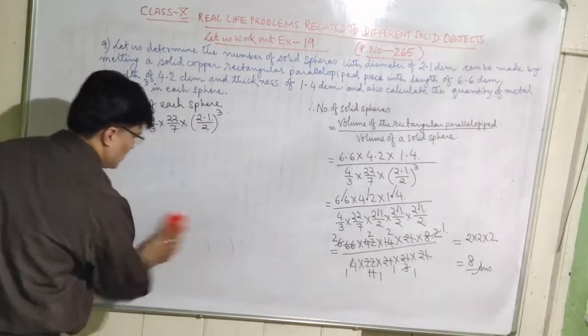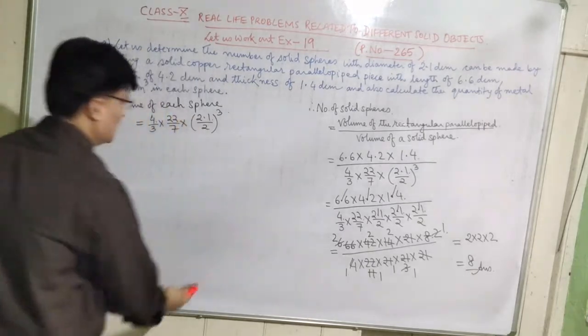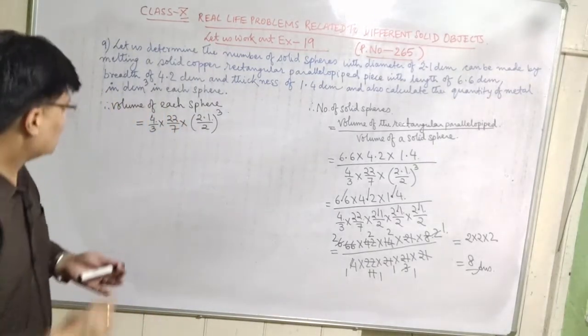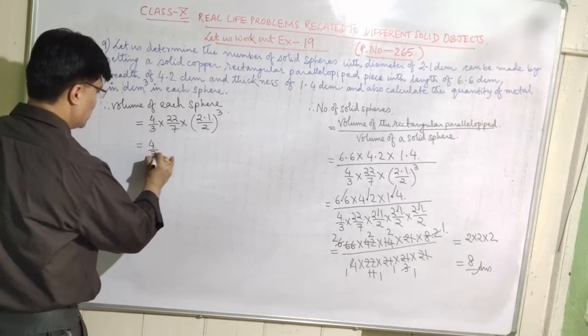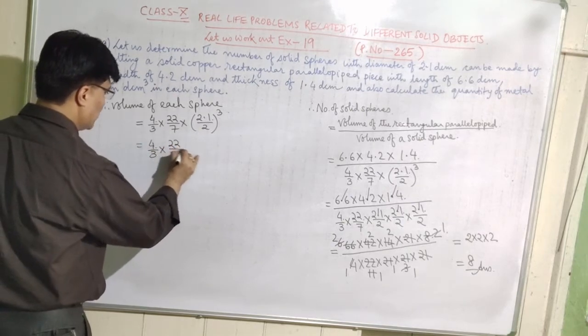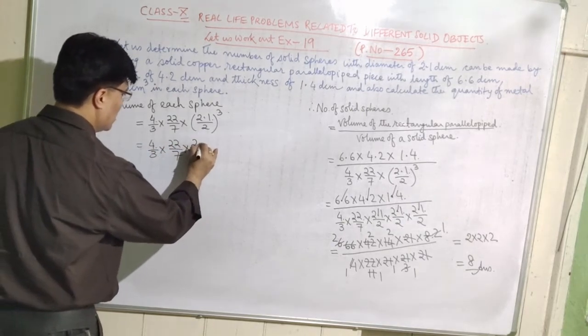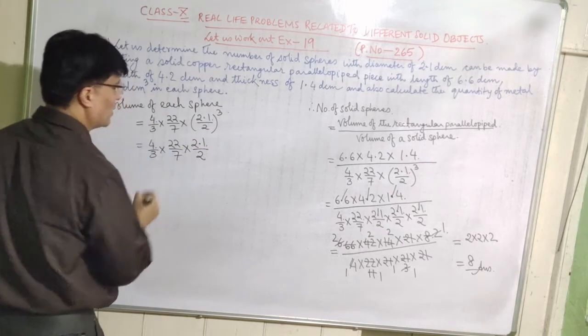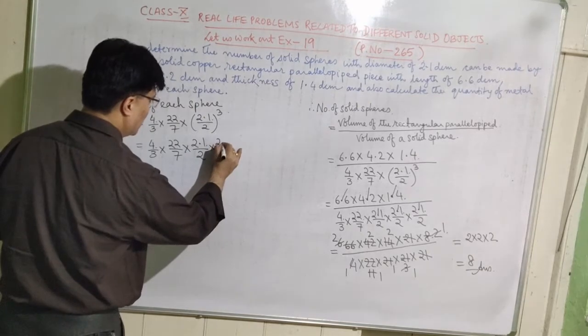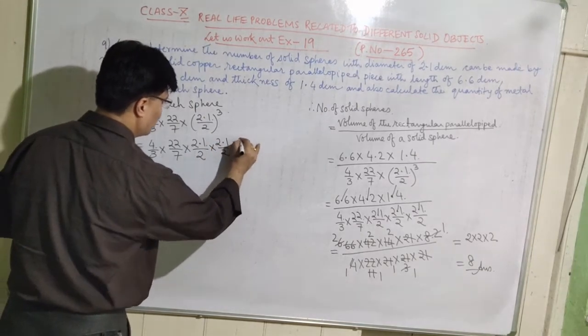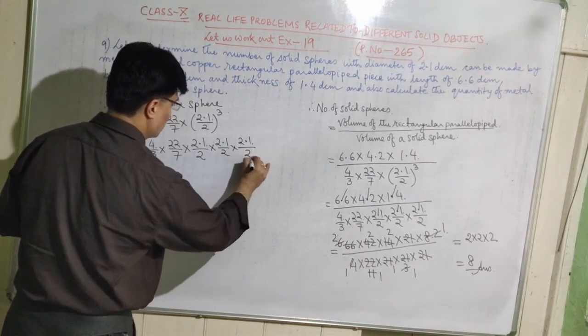You have to simplify it. So it's equal to 4 upon 3 into 22 by 7 into (2.1 by 2) whole cube, which means 2.1 by 2 into 2.1 by 2 into 2.1 by 2.